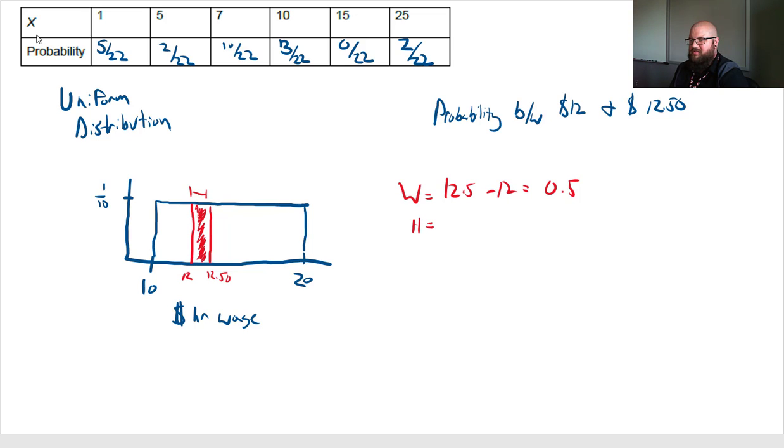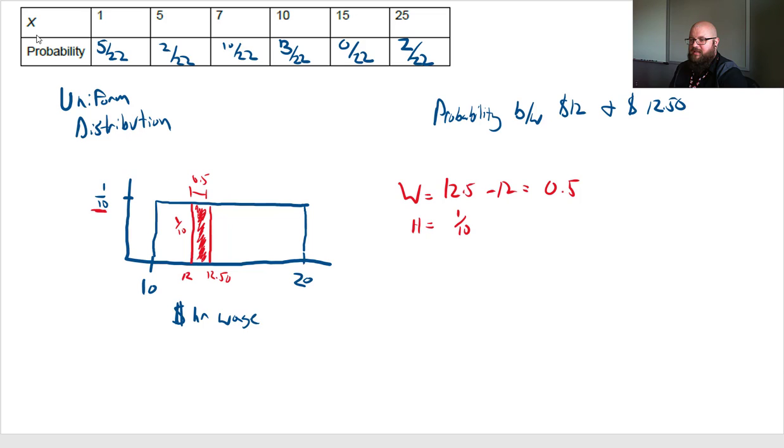Well, it's given to us. It's 1/10. So we have 1/10 for the height and 0.5 for our width. If we want to find the probability, we just multiply them together and get the area under that curve. We're just trying to find the area of this rectangle.